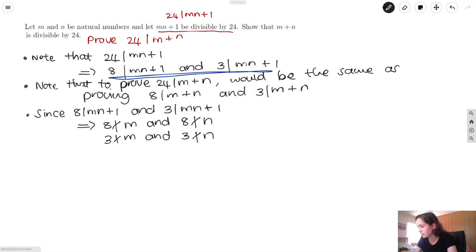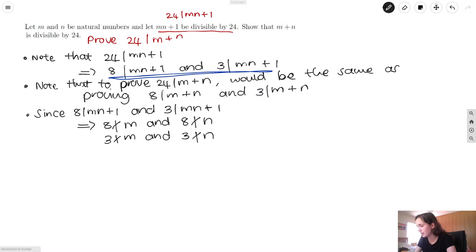We know this since if one of them was to be divisible by 8, then this expression mn would be divisible by 8, but this wouldn't make sense since if you add 1, it would not be divisible by 8 anymore. The same can be said for 3. If mn was a multiple of 3, if you add 1, it would not be divisible by 3, and that would be a contradiction.